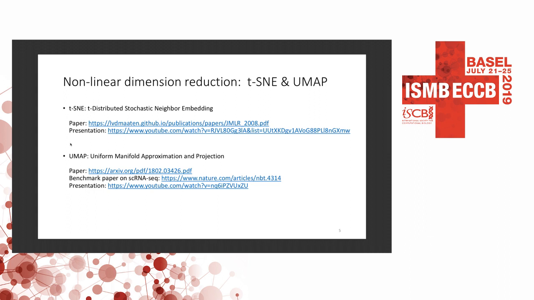And 2 popular methods that I will talk about today are, first, the t-SNE plot that you have just seen, and the other is UMAP. And this UMAP, this benchmarking paper on single-cell RNA sequencing, just came out last year. So it's quite new software that people are trying to apply on single-cell RNA sequencing data.